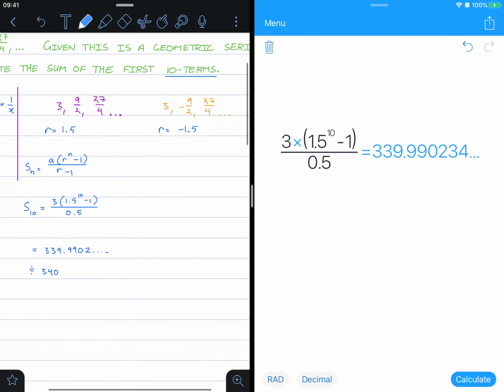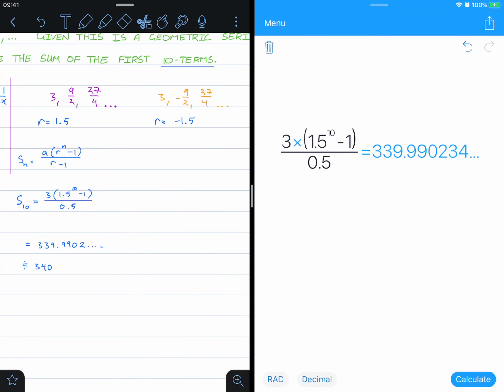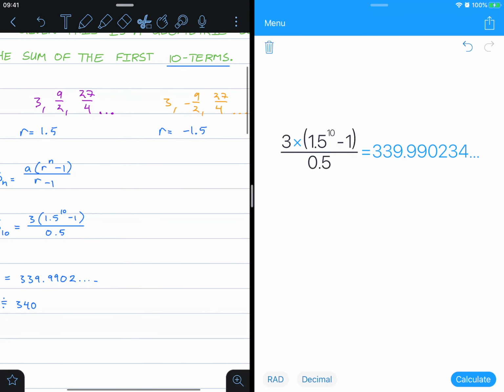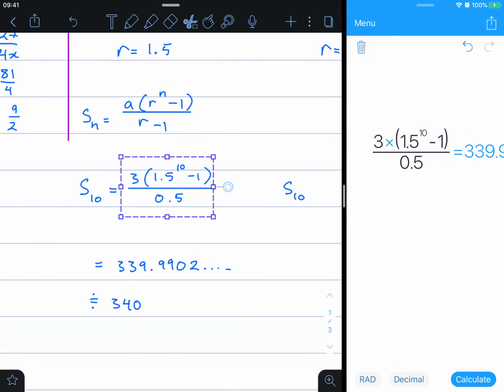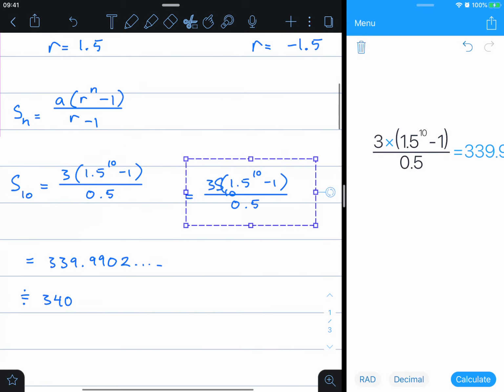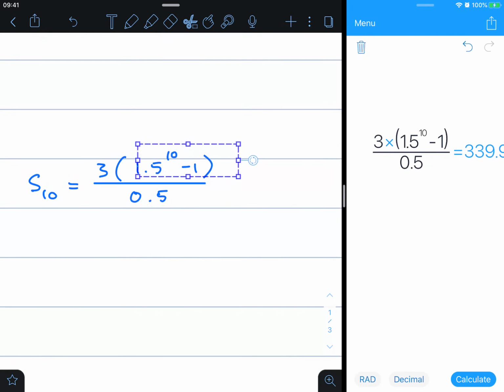Now, a common mistake some students would make here is that they believe that because the ratio is negative 1.5, the answer will be negative 340. This is not the case, and we'll prove it just by finding the sum of the first 10 terms. So S of 10, actually, fortunately I have an iPad and I can be lazy here. I'm just going to duplicate this and change that value there.